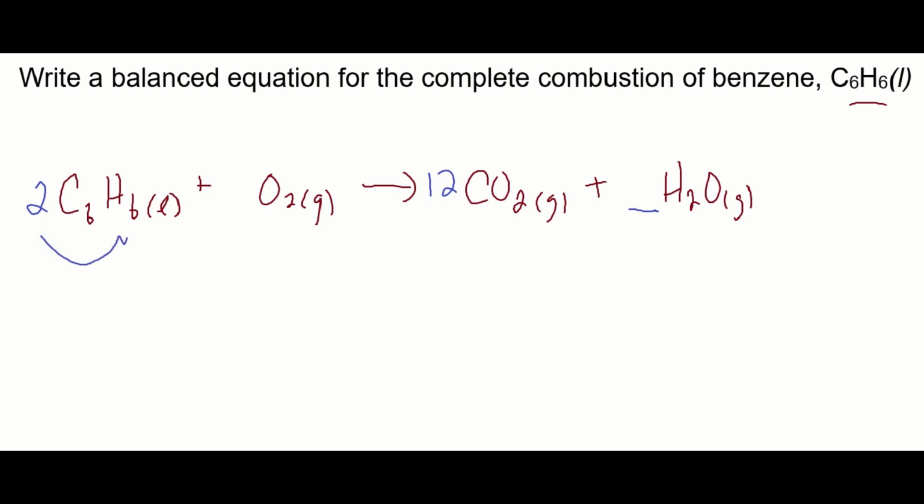So there's 12 hydrogens on the reactant side in the hydrocarbon, so we need a 6 in front of the water to get us 12. Now finally, the coefficient in front of the oxygen molecule is going to equal the number of carbon atoms in the hydrocarbon, which is 12, plus 1/4 of the hydrogen atoms in the hydrocarbon, which is 3. So it's going to be 15.